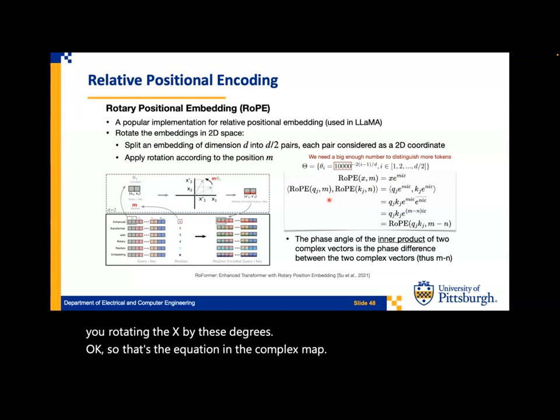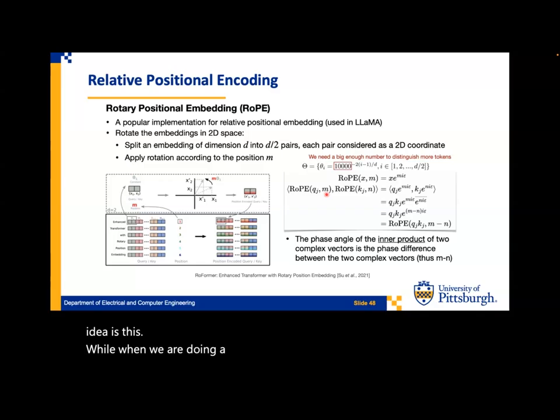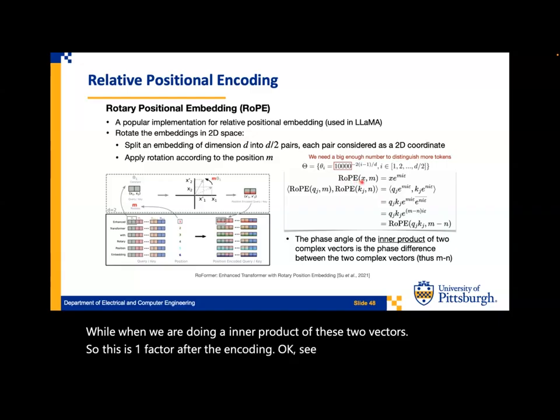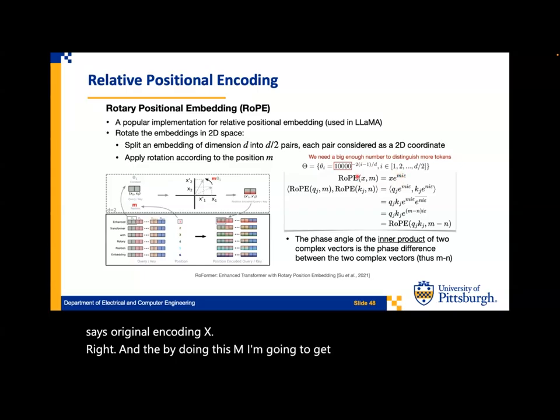Why does this even work? Why are we doing this? The idea is this. The original encoding is x, and by applying the rotation by m, I get a new embedding with the positioning information.